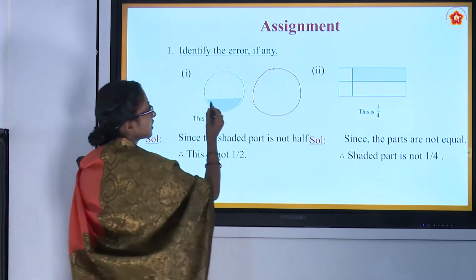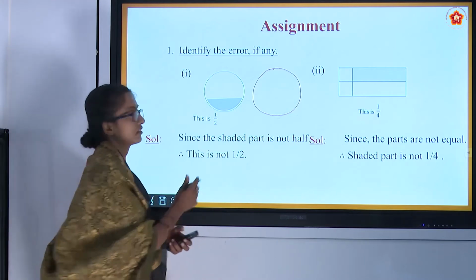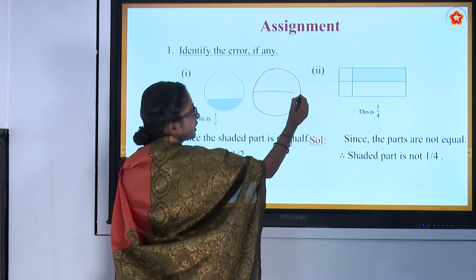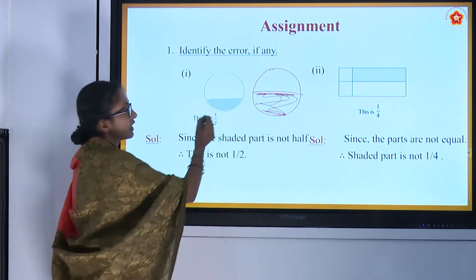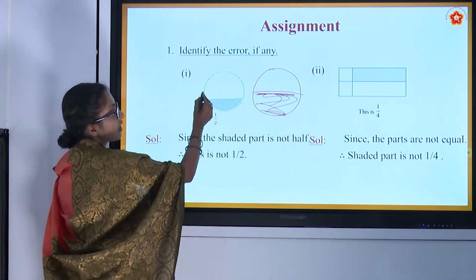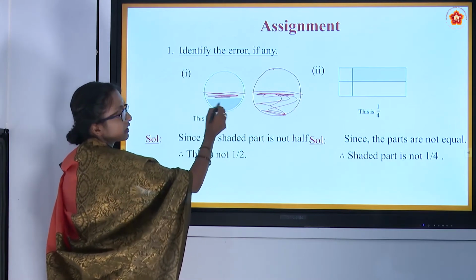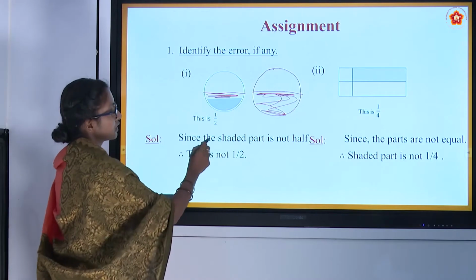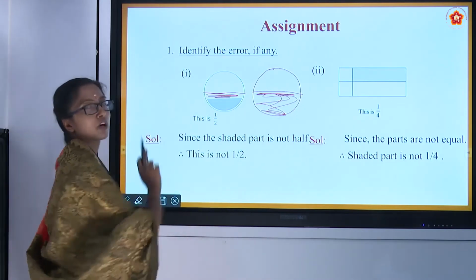If it is 1 by 2, meaning half of the circle, it should be like this. This whole part must be shaded. But here it is not exactly half. Half means it should be shaded until here. It is not like that. So since the shaded part is not half, this is not 1 by 2.